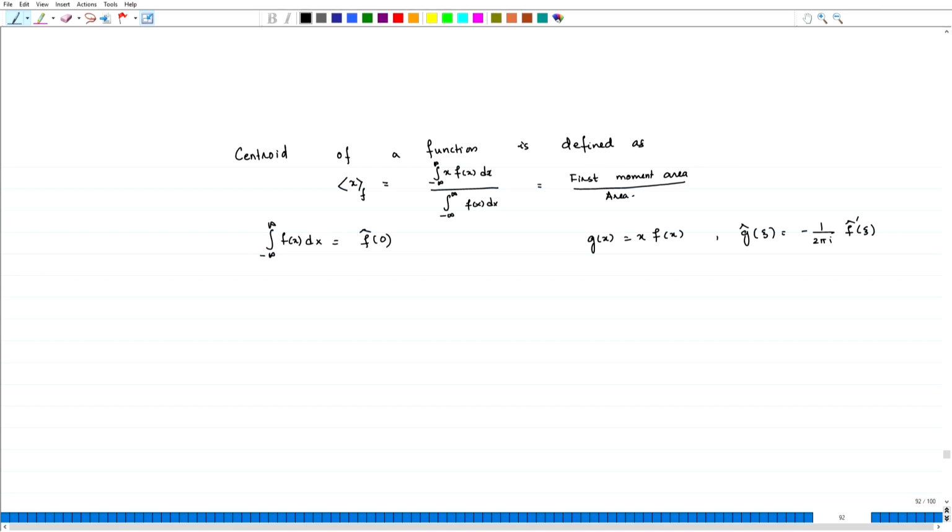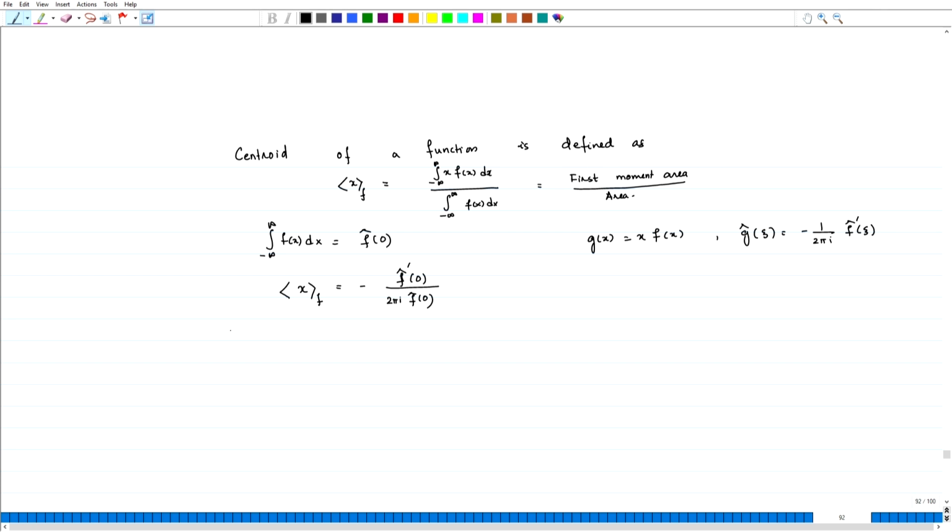This is what we have seen. So, now the centroid can be expressed as minus 1 times f hat prime at 0 divided by 2 pi i f hat of 0. So, that is what the centroid is.